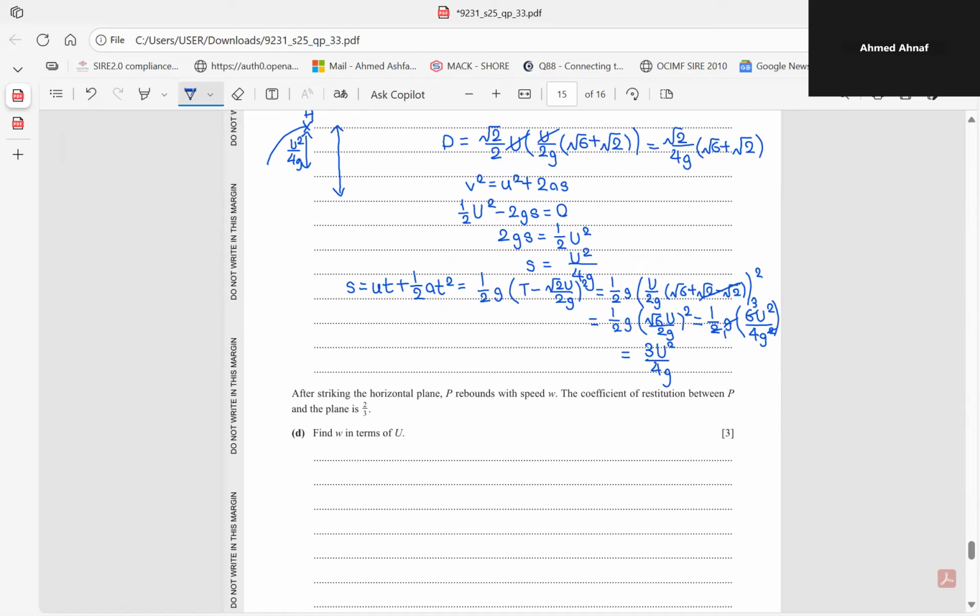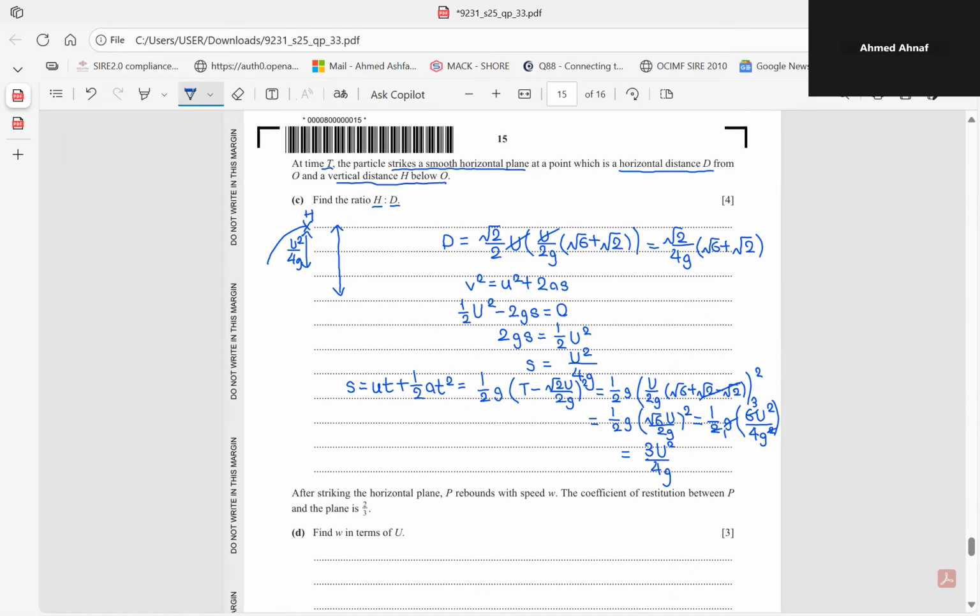And now we can find our h. So h is 3u squared over 4g minus u squared over 4g. You would get u squared over 2g. Yeah, 2u squared over 4g, that's u squared over 2g.